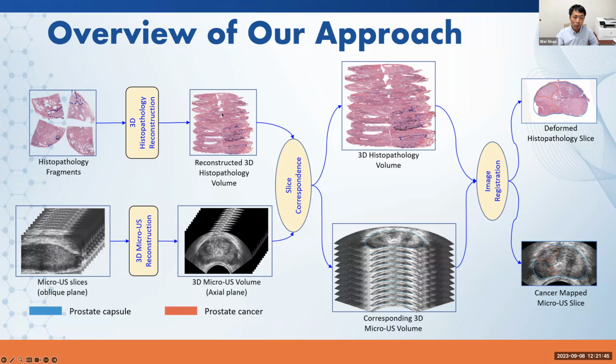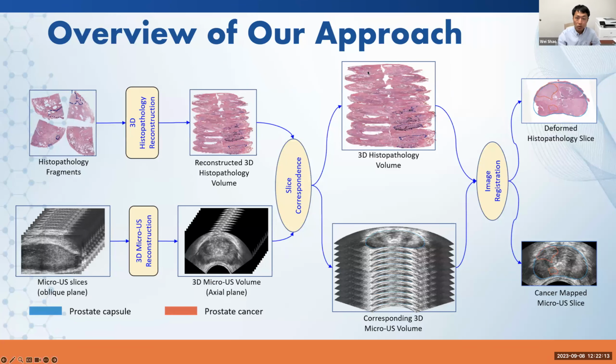So you first need to bring those two image modalities into the same orientation. After that, you have more micro-ultrasound slices than histopathology slices, because histopathology slices are cut every 3 millimeters. You're resulting in about 8 to 12 histopathology slices, but micro-ultrasound has much higher resolution. So you may have like 50 or 60 micro-ultrasound images in the axial plane.